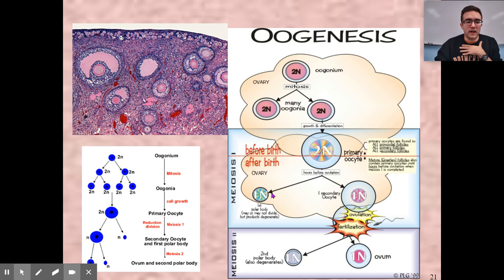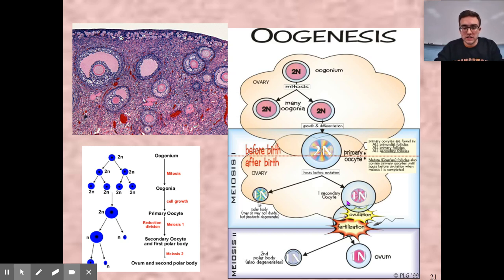During meiosis 1, we get a primary oocyte, and this has a lot of cytoplasm, most of everything that a good zygote needs to grow and develop. And a polar body is just when the chromosomes split into the haploid, the chromosomes that aren't going to be part of the main oocyte just get booted out.